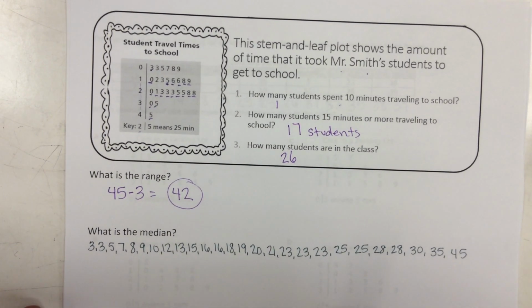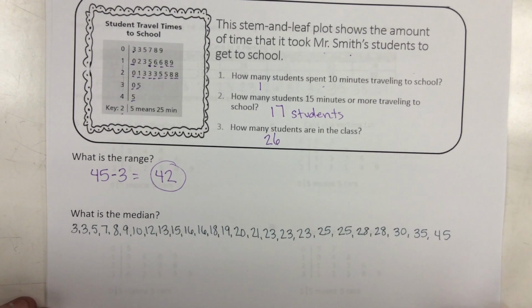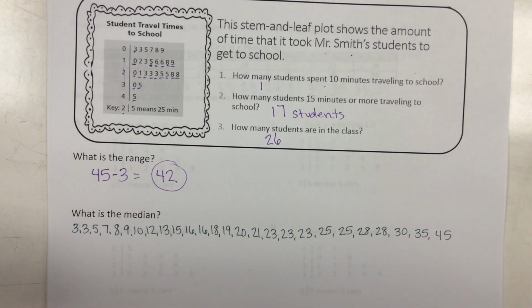Now my median. I went ahead and wrote these down so that I can save a little time for you. So you can pause if you need to write all your numbers down to find your median. I'm going to double check and make sure that I got all 26 here though. Yep, got them all.